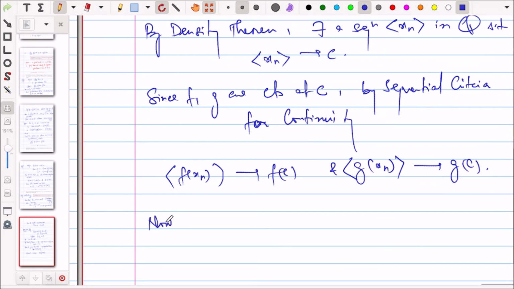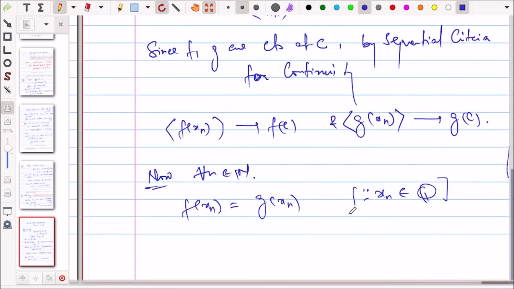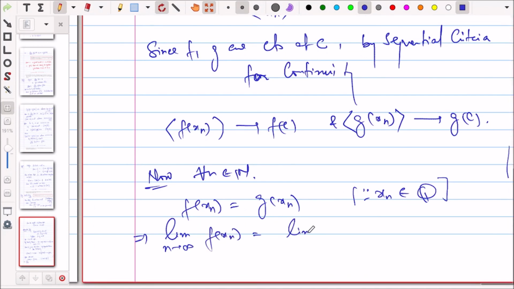Now for all n belonging to N, f(x_n) is equal to g(x_n), since x_n belongs to Q. So this implies the limit as n tends to infinity of f(x_n) is equal to the limit of g(x_n), and this implies f(c) is equal to g(c).